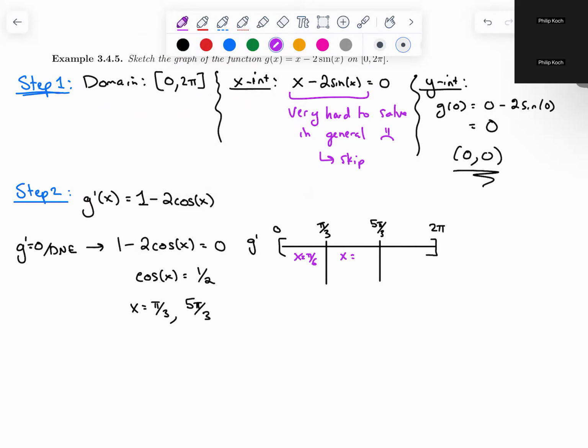I would have chosen pi, but pi over 2 does work. And then one between 5 pi over 3 and 2 pi. So if you're looking at a coordinate grid, here's pi over 3, here's 2 pi. So we just need the negative pi over 6, which in terms of 0 to 2 pi, that'd be 11 pi over 6.